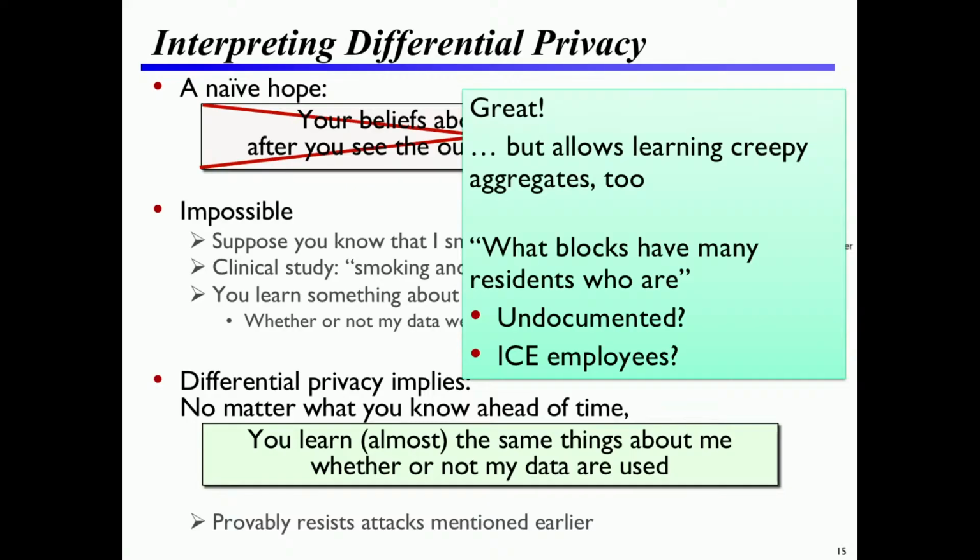There's all sorts of general statistical information that we think of as borderline whether or not it's appropriate to be releasing. We can come up with more examples if you want, but the point is that this type of relative guarantee has to be interpreted appropriately. It's a very strong guarantee, but it still has its limits.